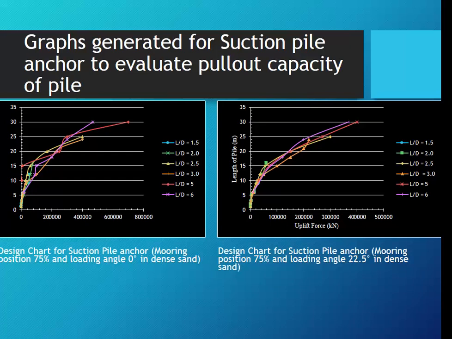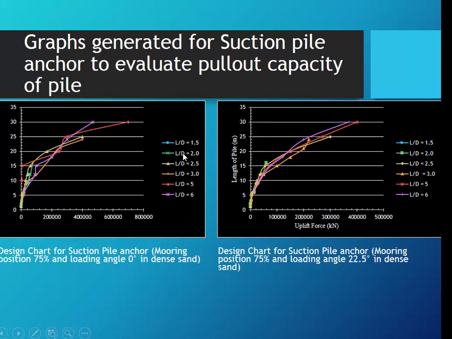So I have chosen one particular point, the 75% pad eye position, and from that pad eye position, whatever uplift capacity I get, I have recorded for the particular loading angles, 0 degree, 22.5 degree and 45 degree, because 67.5 and 90 degree angles give very less uplift capacity. So I have ignored those 2 points and I concentrate on 3 types of loading, inclination angles.